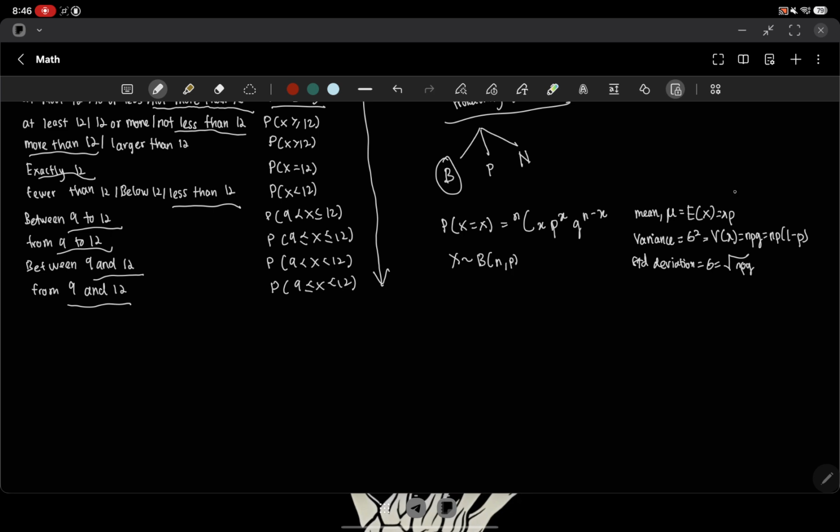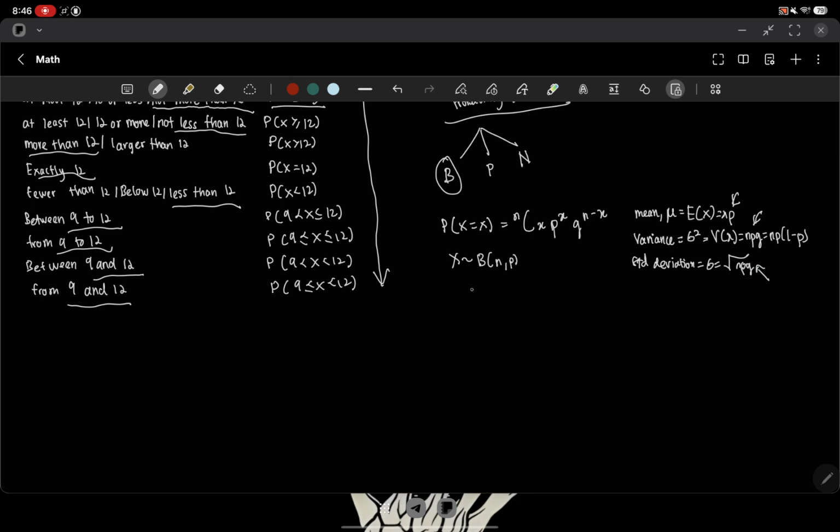In order to find the mean value, we just take the n and times it with p. For the variance, we just do npq, and for the standard deviation, we just square root the npq.